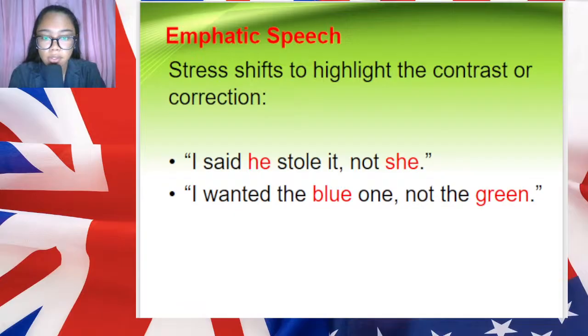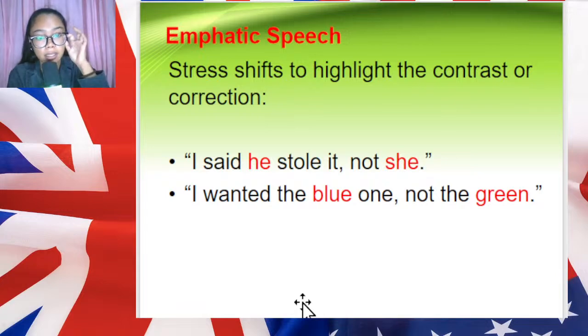We also talked about emphatic speech, how we can shift stress to highlight specific words for emphasis, like when you really want to make a point or correct someone.